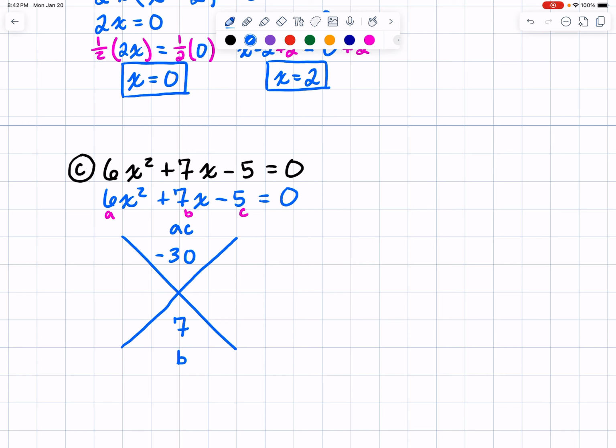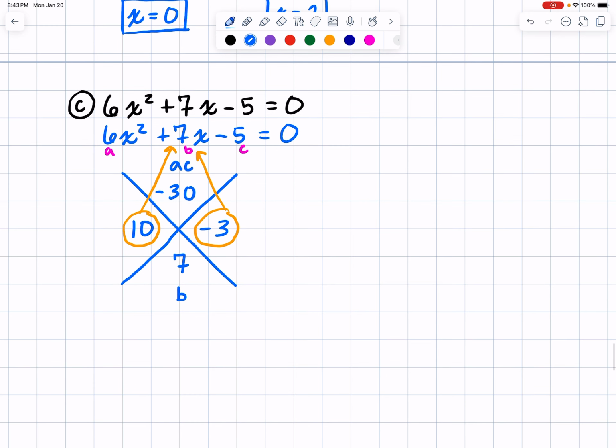Okay, so after trial and error, you should have found that the two numbers are 10 and negative 3. 10 plus negative 3 is 7, and 10 times negative 3 is negative 30. So we're going to use these two numbers here, and we're going to replace the 7 with them.